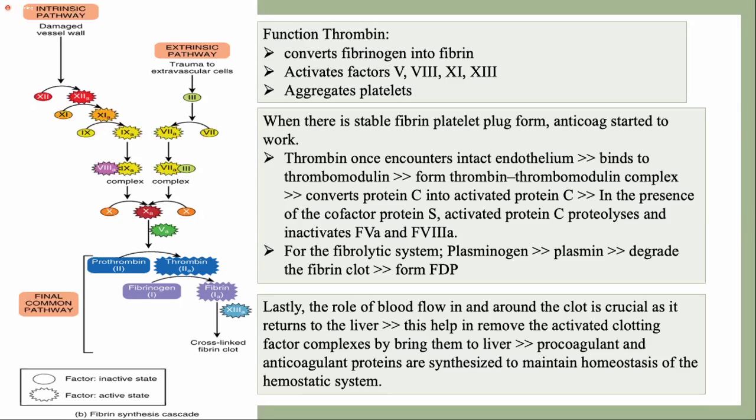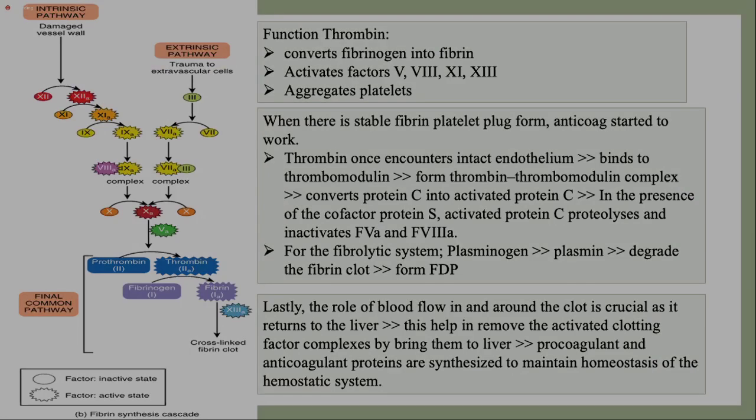As you can see in the diagram, when you cross out the activated factor 5 and factor 8, there will be no conversion of prothrombin to thrombin. So this will stop the fibrin formation.